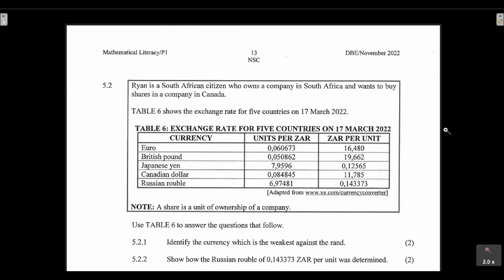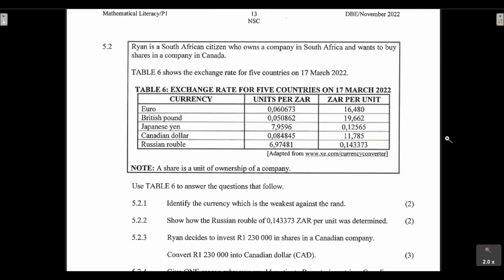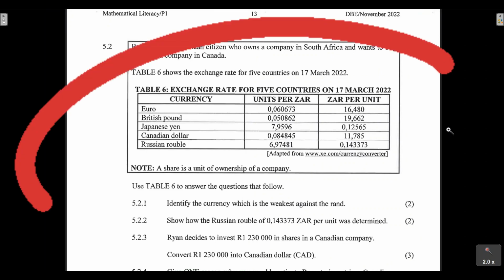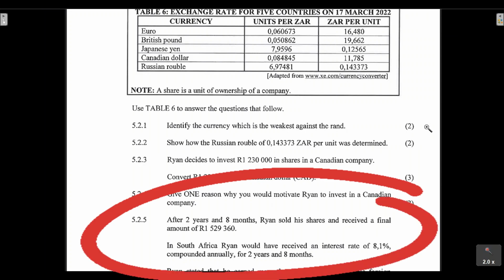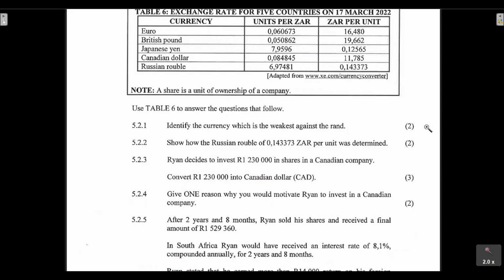Then in question 5.2, we're going to be looking at questions pertaining to exchange rates, so we're going to be converting currencies. We are also going to be looking at an interest calculation, where you need to calculate the interest that was accumulated, compounded annually.